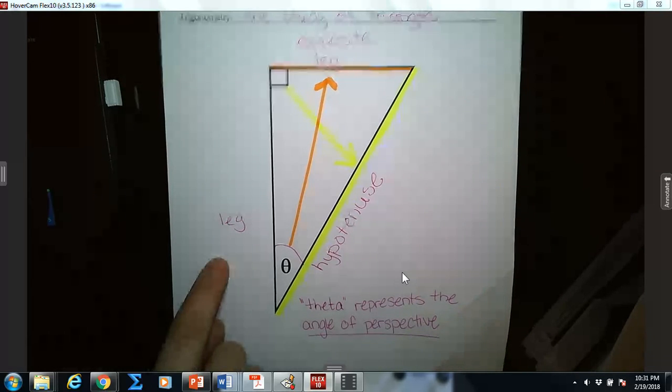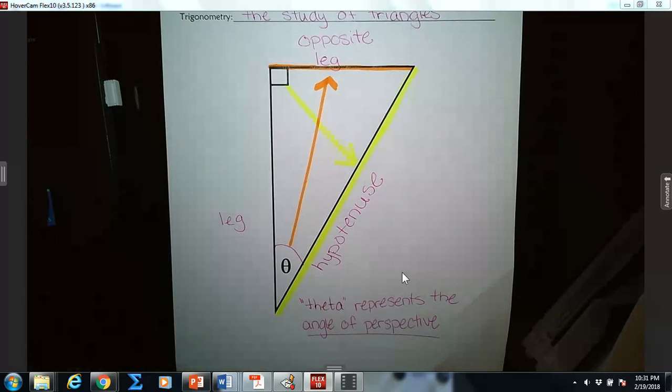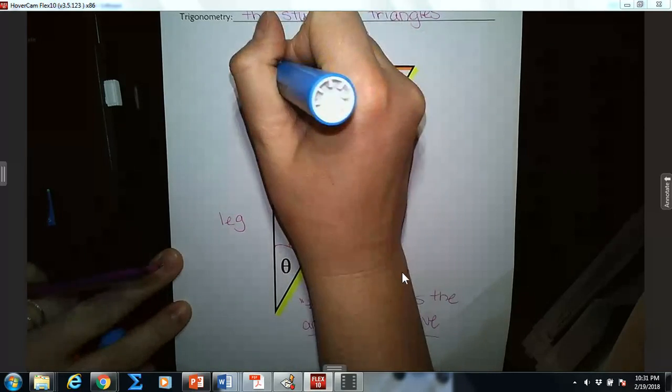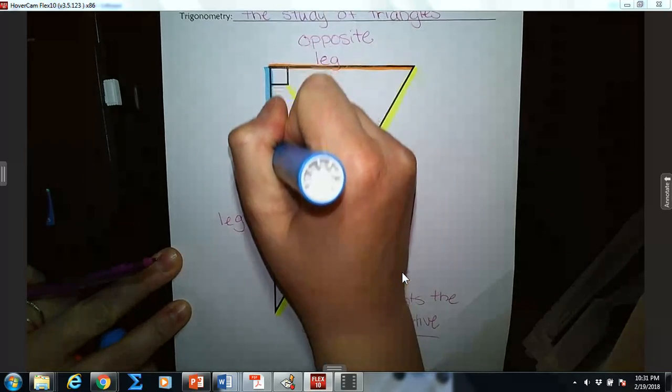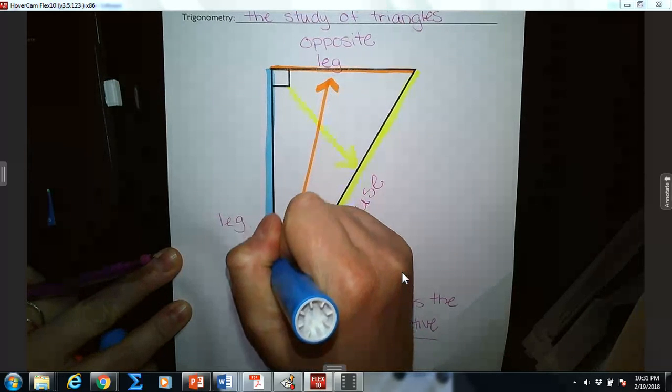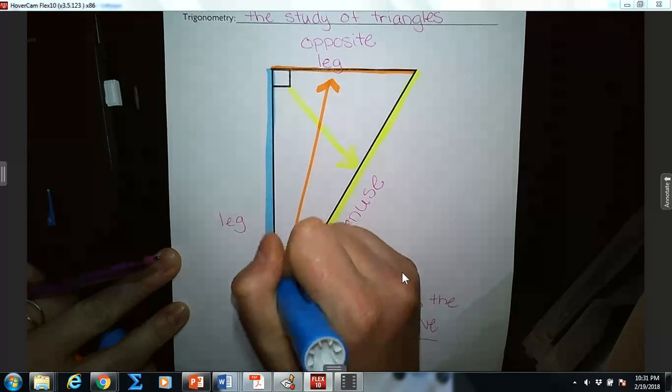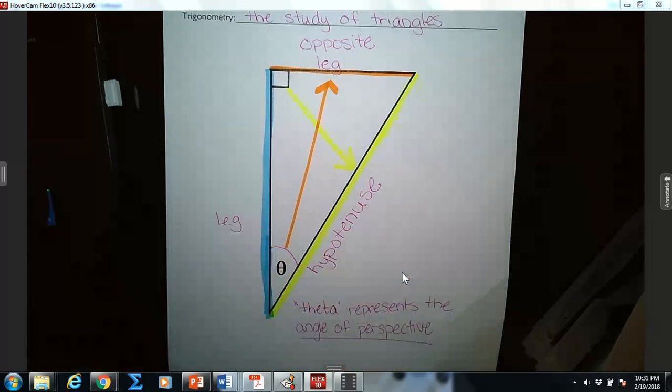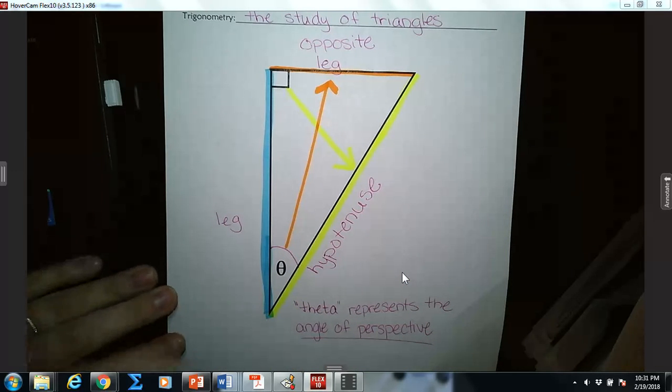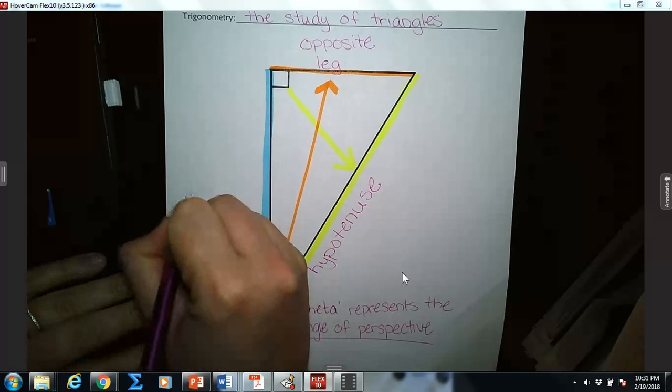So what does that make this second leg? I'll highlight it in blue. Well, this leg is attached to the angle of perspective. It is next to, it is beside, it is adjacent to. It is called the adjacent leg.